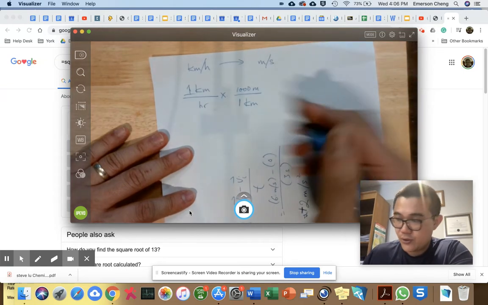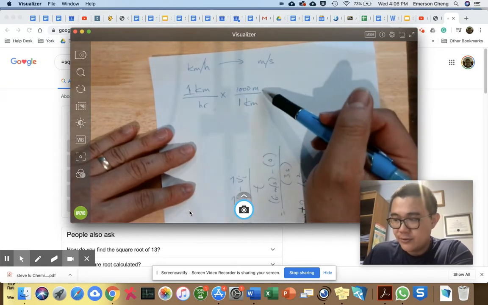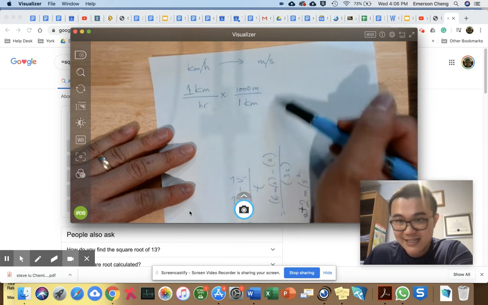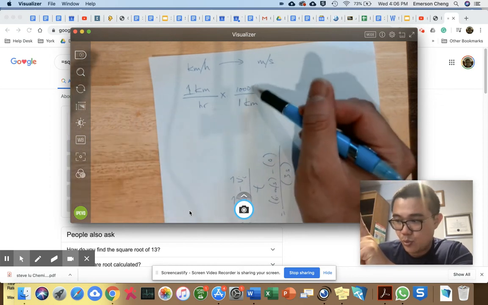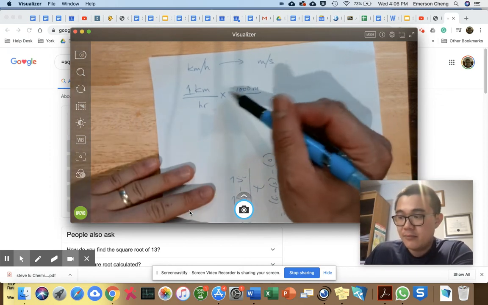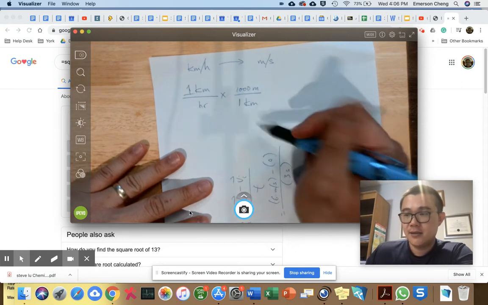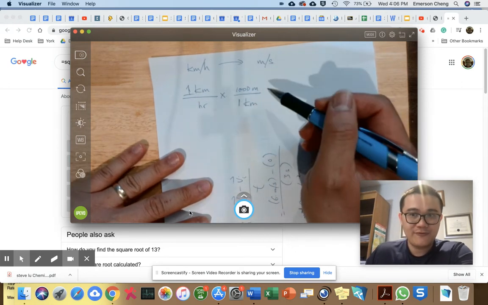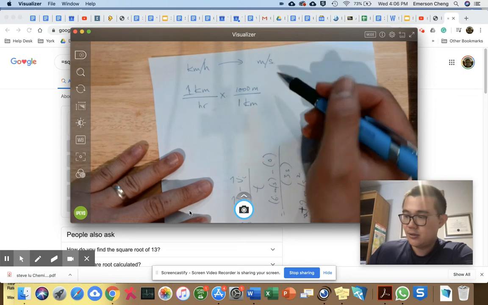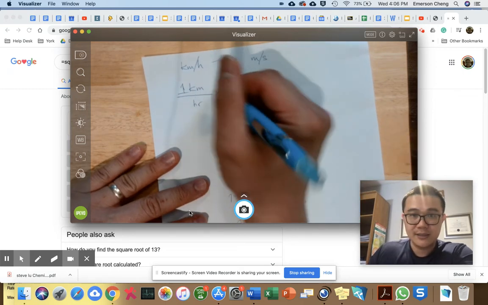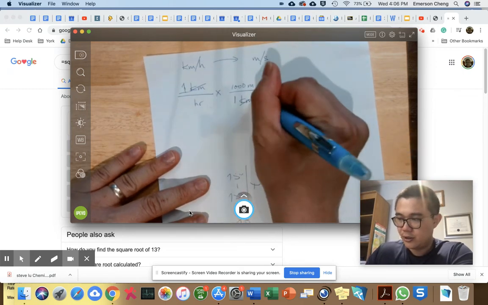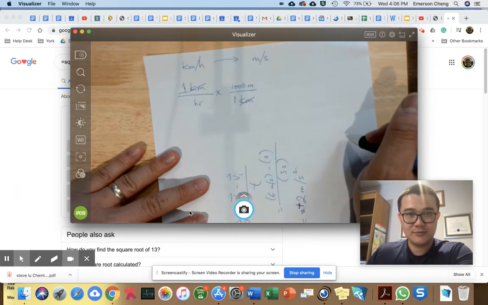Okay, 1,000 meters. So if you think about it, 1,000 meters equals 1 kilometer. This is technically 1. But because I've done this, and if you remember your fraction multiplication, you can say that kilometer cancels out.